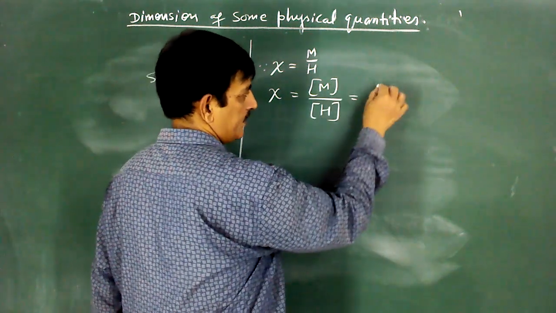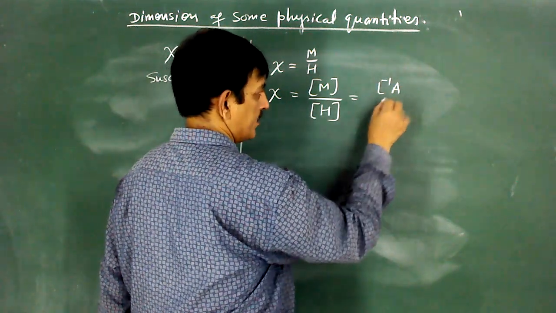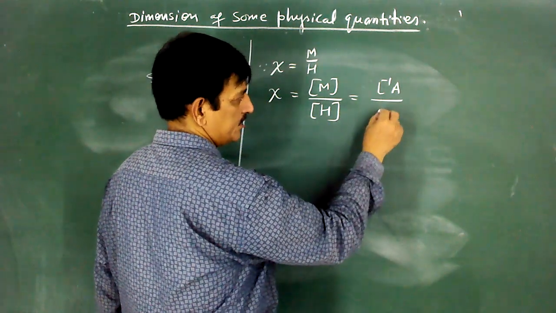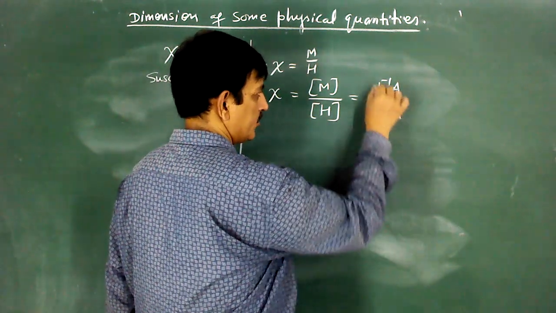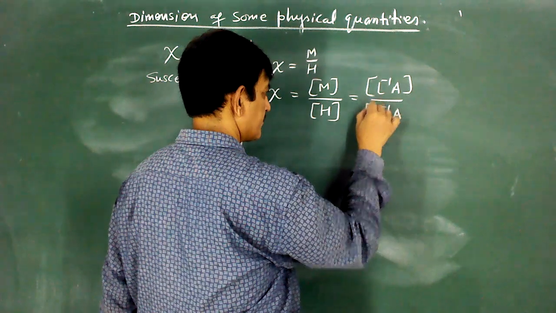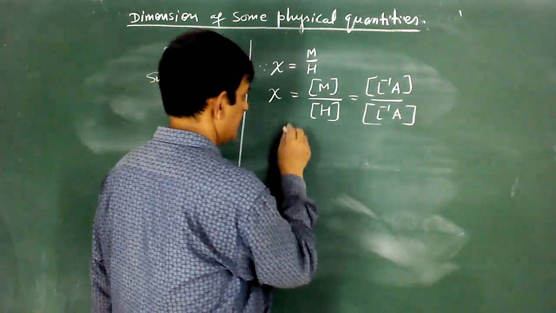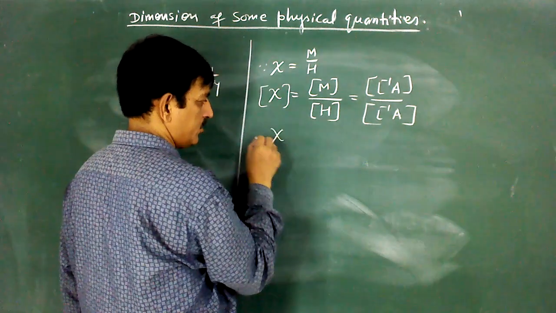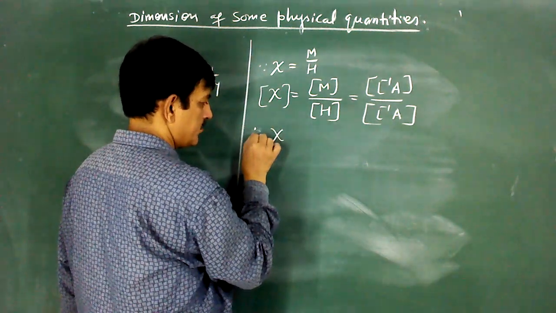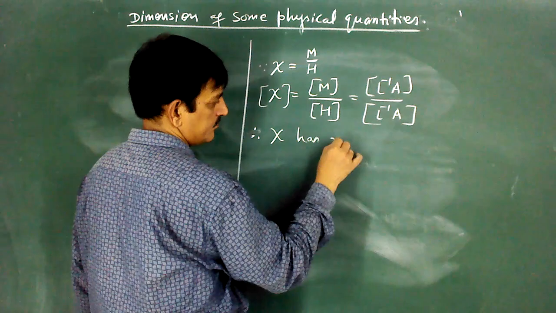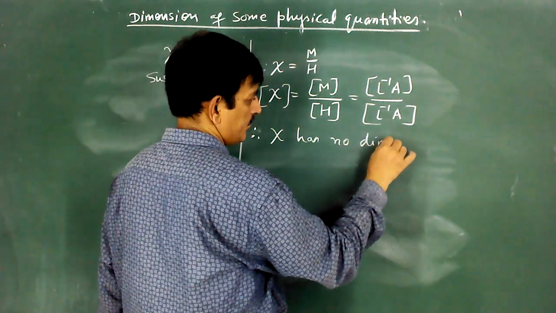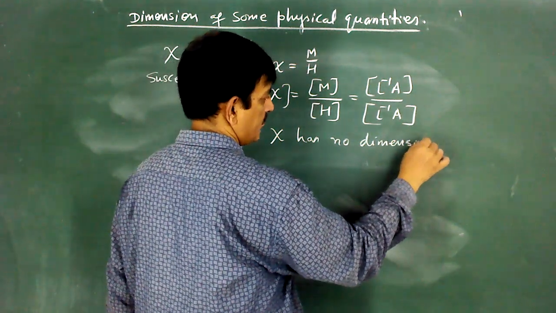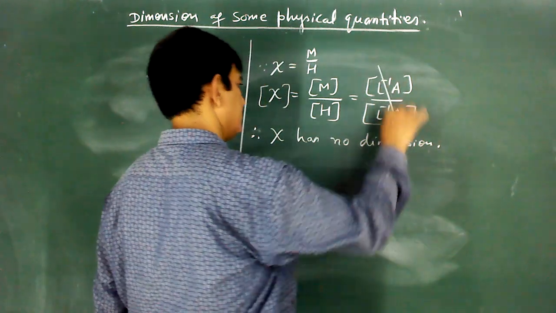Dimension of magnetization is L inverse ampere, and magnetic intensity is also L inverse ampere. So both will be cancelled, and xi has no dimension.